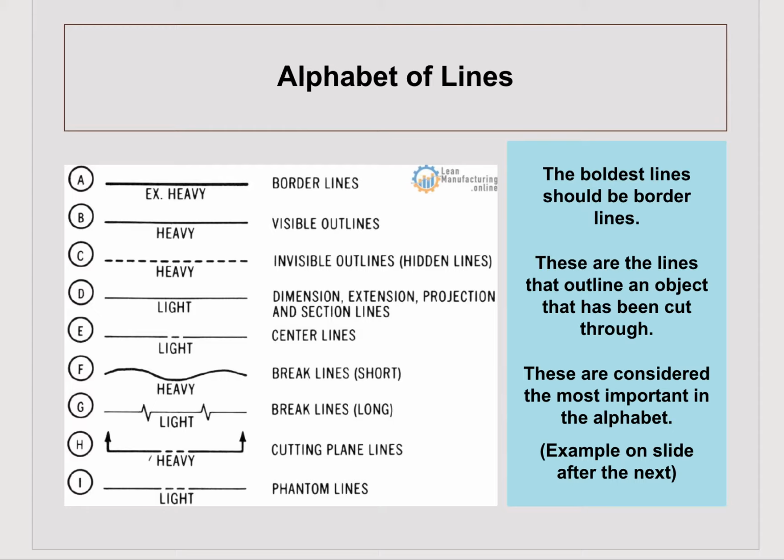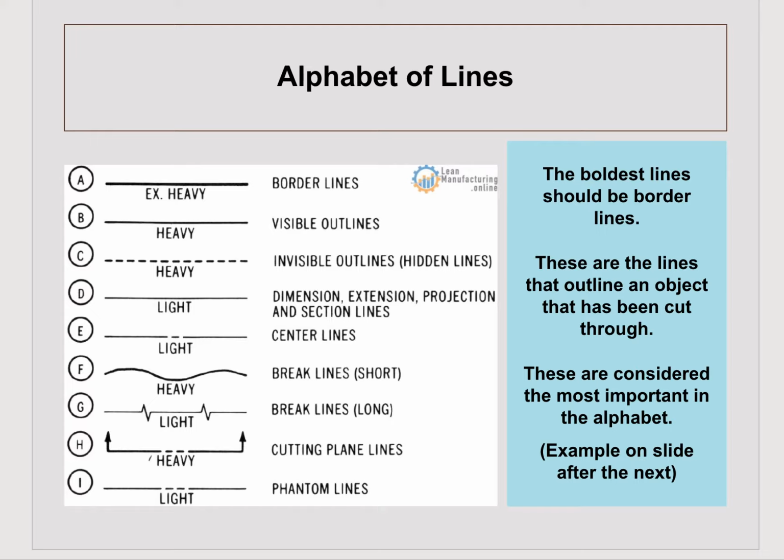Visible outlines, those are in your elevation, the outline around your house, the overall outline delineating the difference between the house and the background, the positive space and the negative space. The line around the positive space, there's debate whether that's a border line or a visible line.